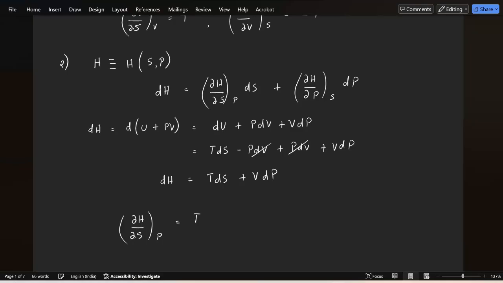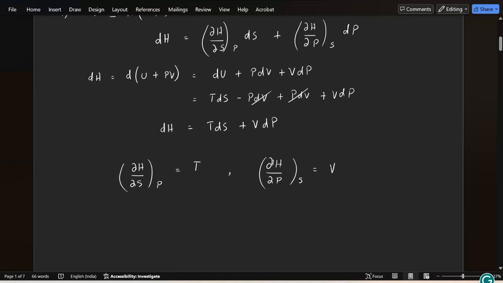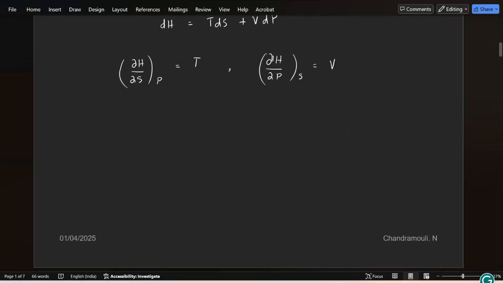Yeah, T. Similarly, del H by del P at constant entropy is going to be equal to what? V. Yeah, correct. You get the idea, right? Yes, sir.